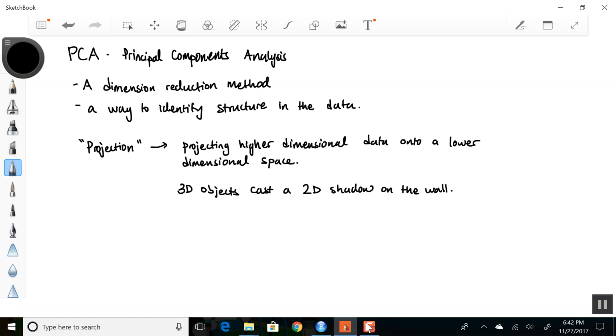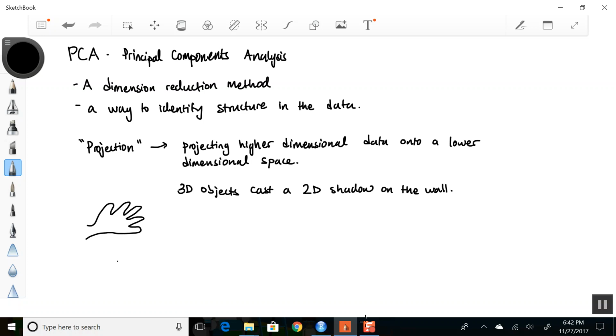Okay, you don't get to see the whole thing, but you can project things into the two-dimensional space or lower dimensional space in a way that preserves the structure of the data.